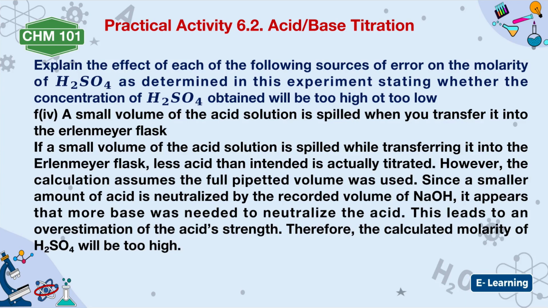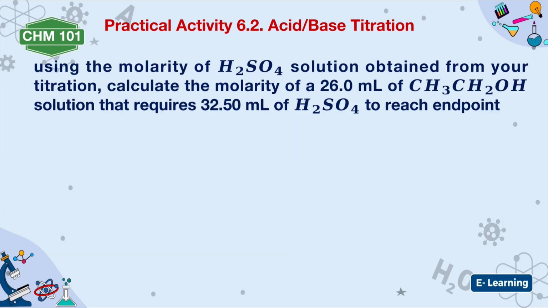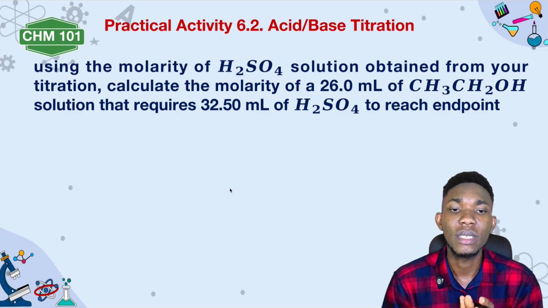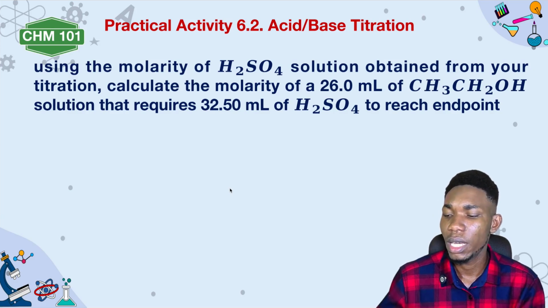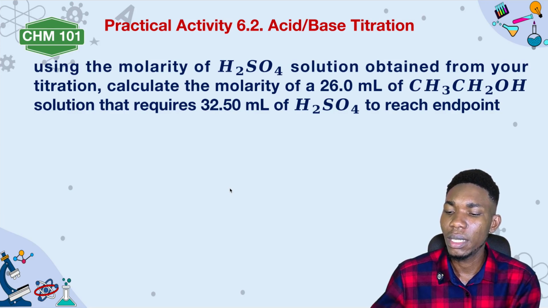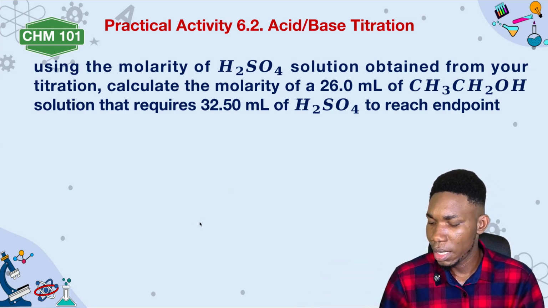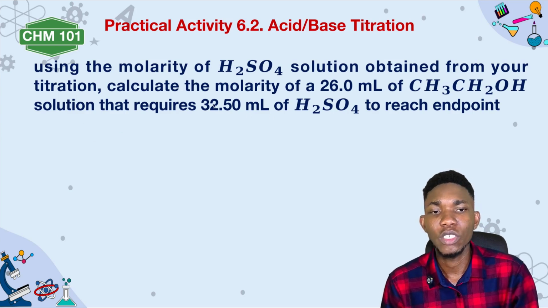Is that understood? Exactly. Now, using the molarity of H2SO4 solution obtained from your titration, calculate the molarity of 26.0 ml of ethanol solution that requires 32.50 ml of H2SO4 to reach the end point. Now, this is a very simple question too. What is the equation of reaction for this?